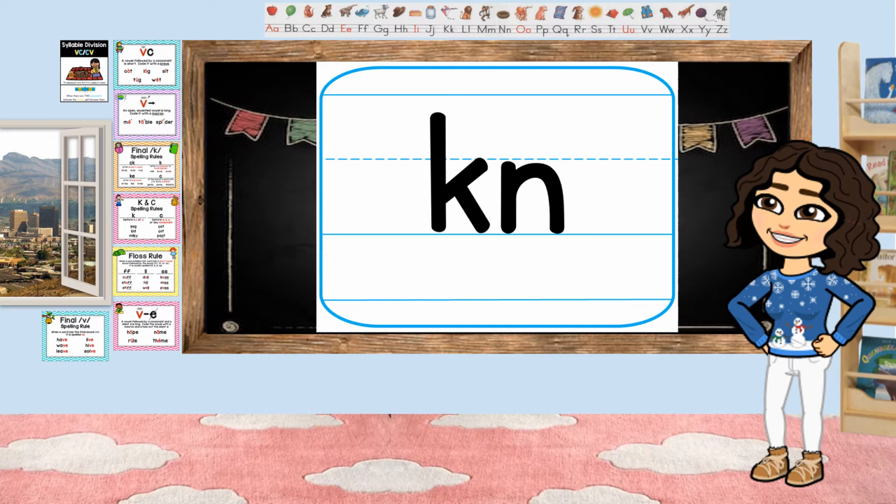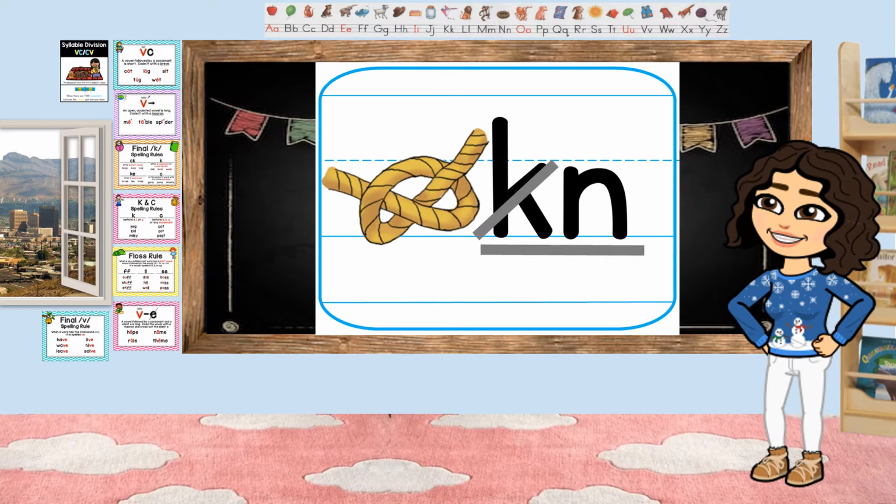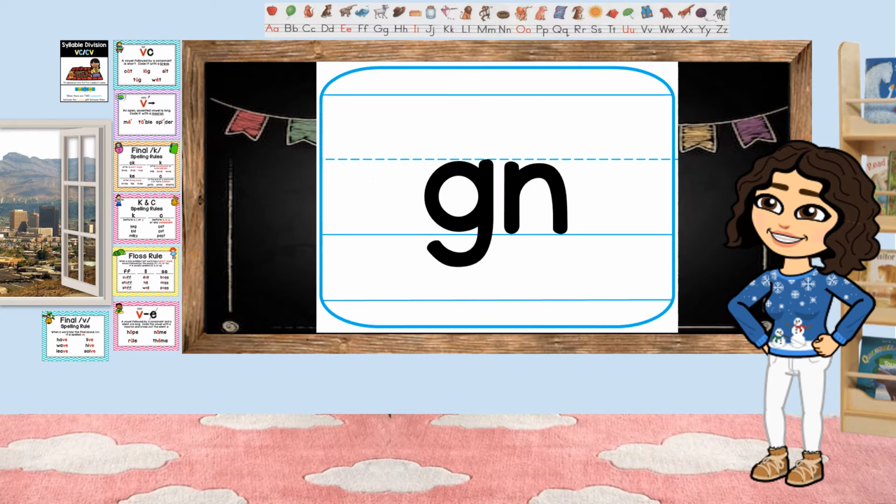So when we see this card, we're going to say ghost letter digraph KN. And to help us remember what sound ghost letter digraph KN makes, we have knot, N. We also have ghost letter digraph GN.